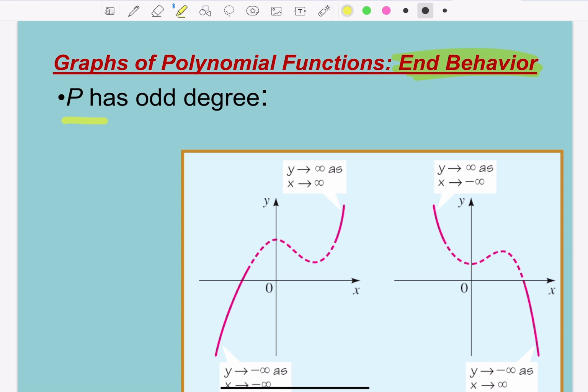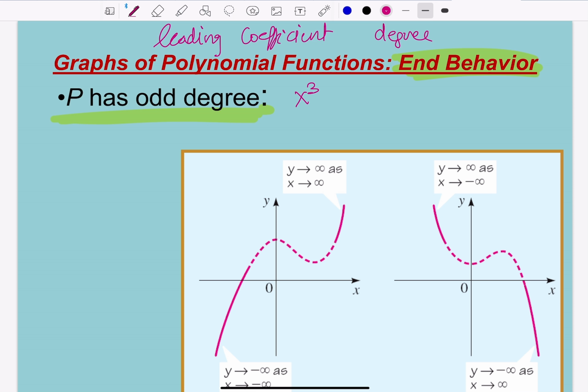If we have an odd degree polynomial, it's easier to think about x to the third, but this is going to be true for every single odd degree polynomial: x to the fifth, x to the 11th, x to the 27th, x to the 71, every single odd degree polynomial. The end behavior is only decided by the leading coefficient and degree.